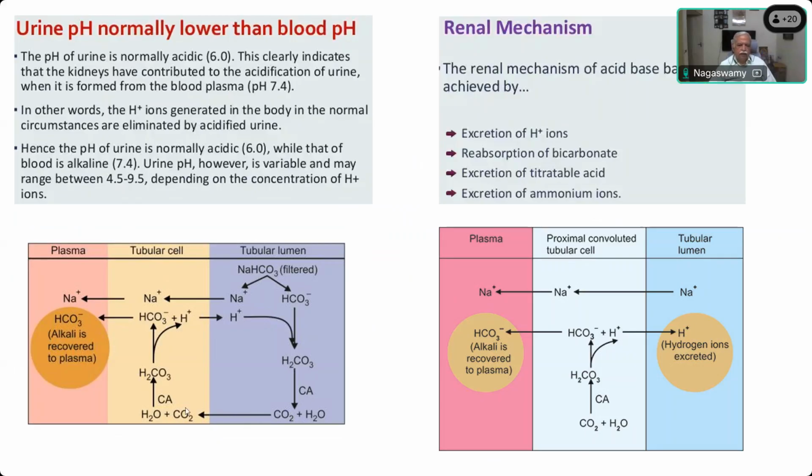Carbon dioxide can diffuse easily through any cell membrane. It will come back, and in the tubular cell, it joins with water again. The same reaction happens, and then it breaks down to bicarbonate. Again, bicarbonate is taken back, and hydrogen is given back to the lumen. So this is the mechanism at the tubular level. So PCT level, tubular level.